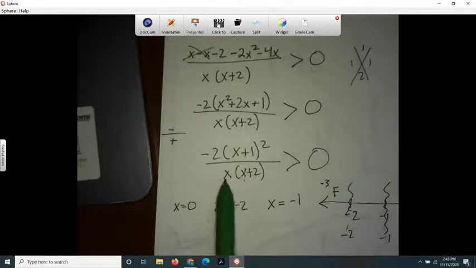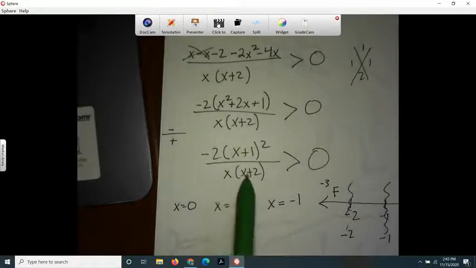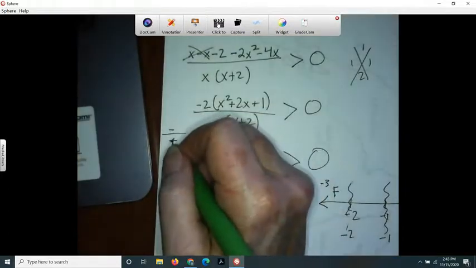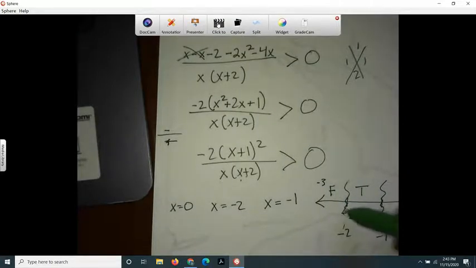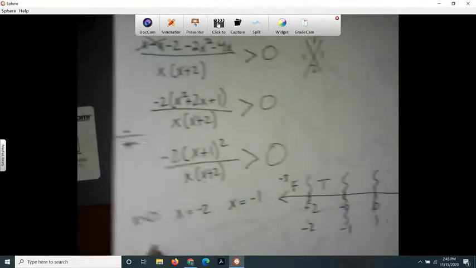And then this, when I plug it in here, it's going to be negative. So I'll have a positive times a negative, which is a negative. So my fraction will be a negative over a negative. So this is actually going to be positive. And I'm going to write T for true. So in between -2 and -1, that region is a solution.